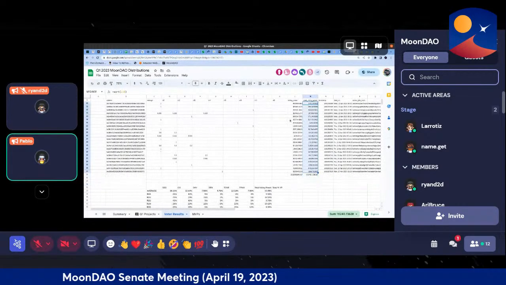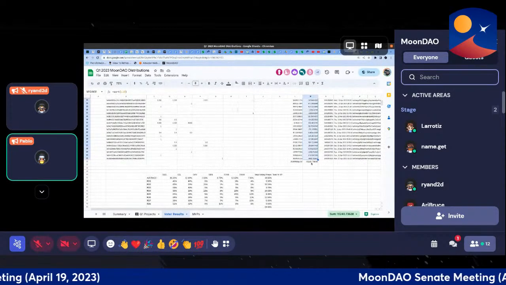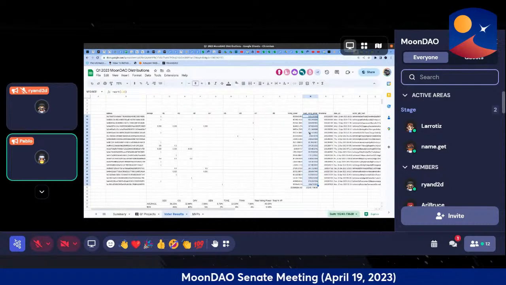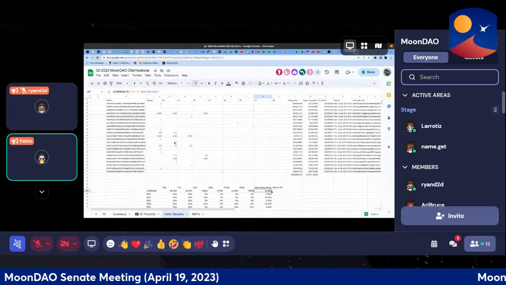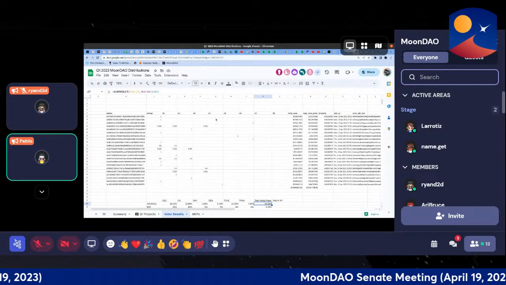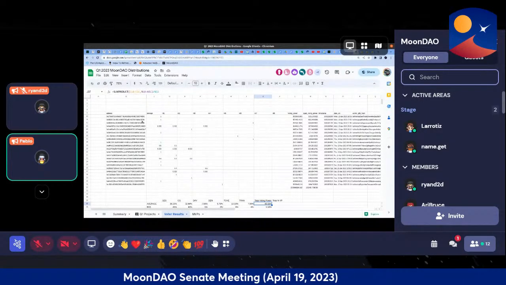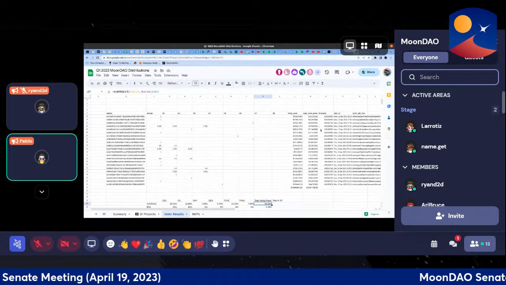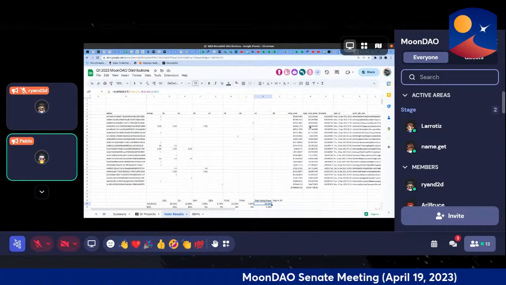Like you can see the math here. So I took the quadratic voting power and then used this sum product method. This vote, for example, 100% of the voting power is going to the average. This vote, for example, a third of the voting power is going to each of these 3 options.